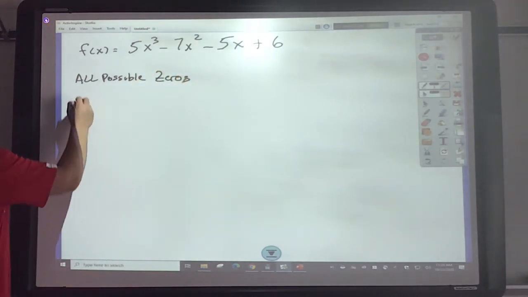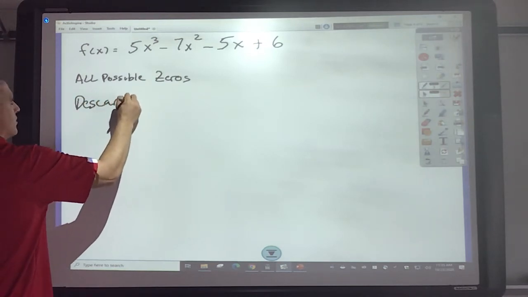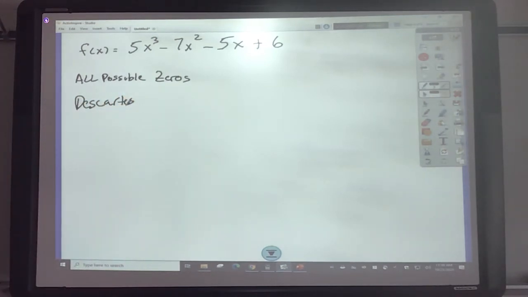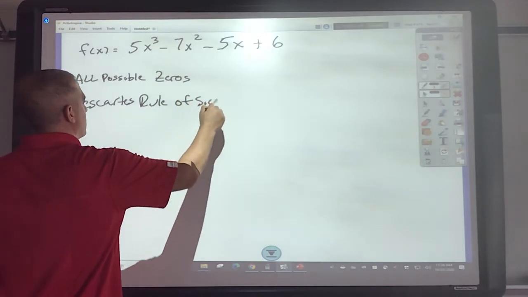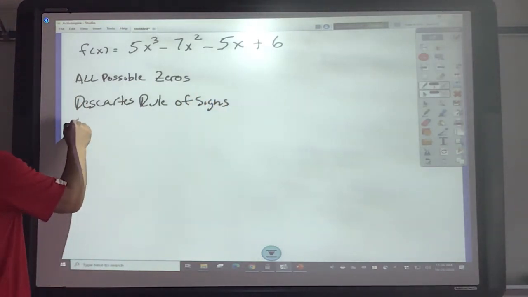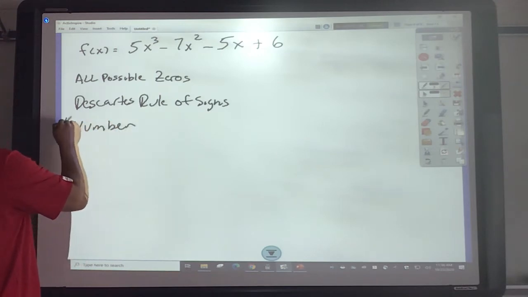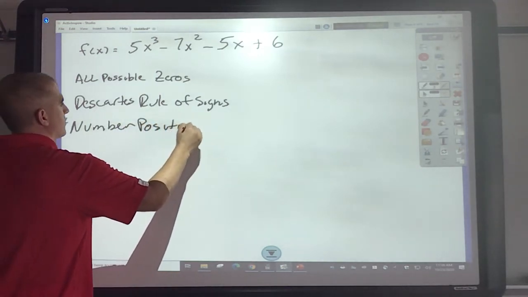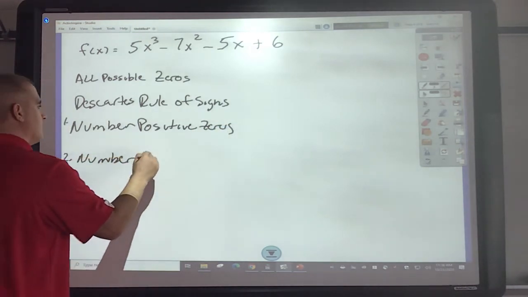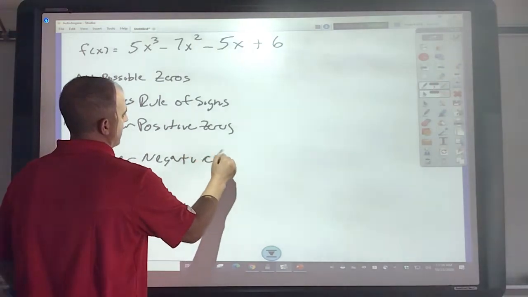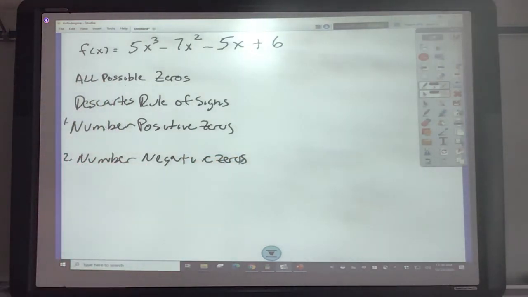And we're going to use Descartes' rule of signs to find the number of positive zeros and the number of negative zeros. Okay? And I'll explain how that works.